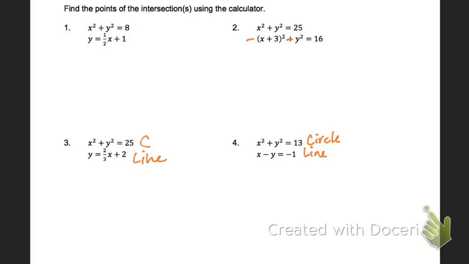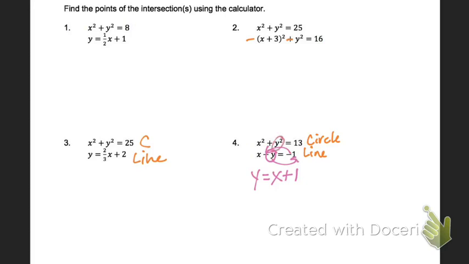Okay, so number 4, we're going to actually solve this without looking at a graph first, because I don't want you to rely on that, and then we'll check the graph lastly. So if I were to solve this by substitution, let's look at the second equation. What could I solve for? If I solve this one for y, you get y equals x plus 1. I just moved this y over and moved this 1 over.